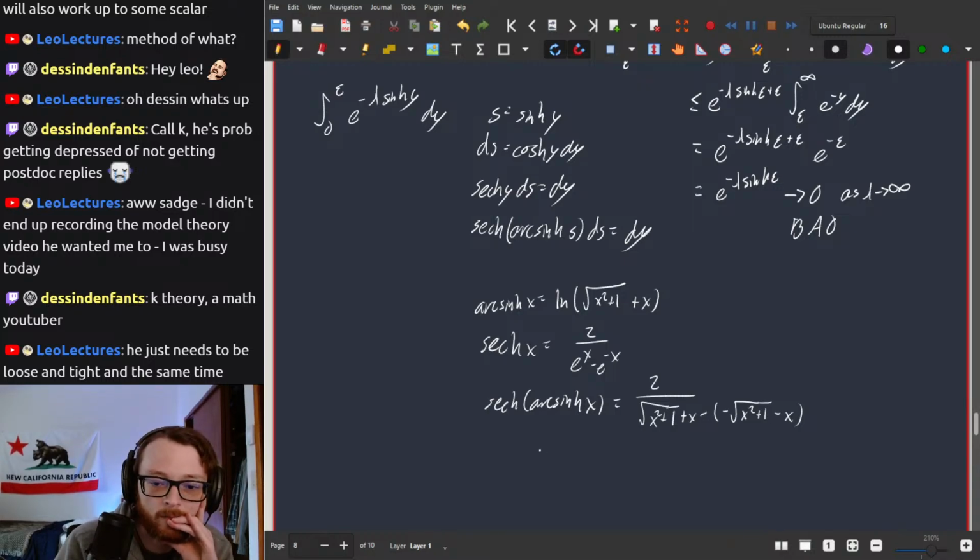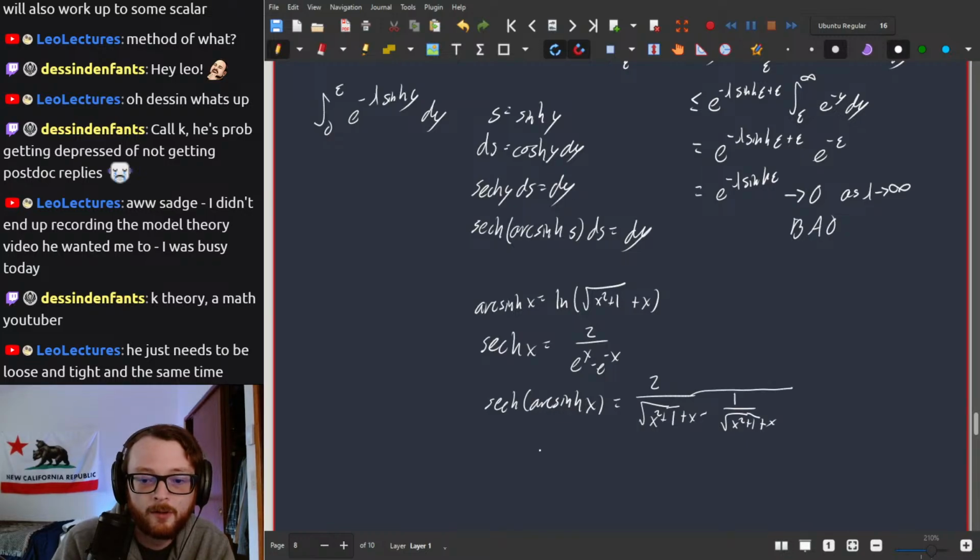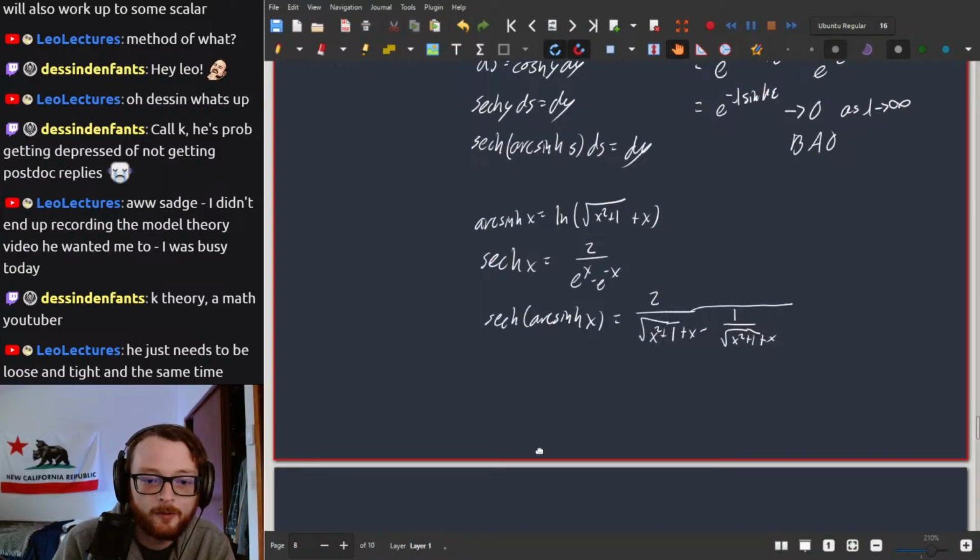I feel like I'm not doing this piece right. I think it's supposed to be more like this. And all I have to do is simplify this. Easy, right?